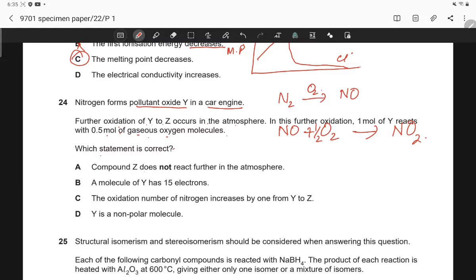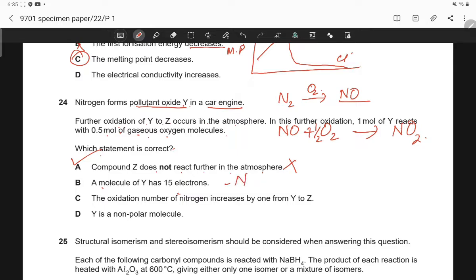Which statement is correct? Compound Z does not react further in the atmosphere. This is incorrect. Yes, it can react further with oxygen in the atmosphere. A molecule of Y has 15 electrons.